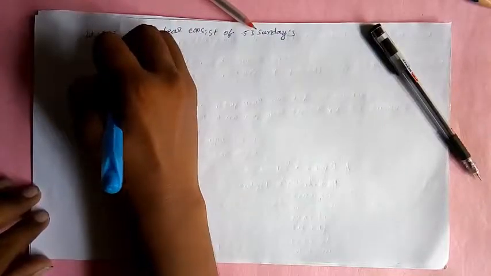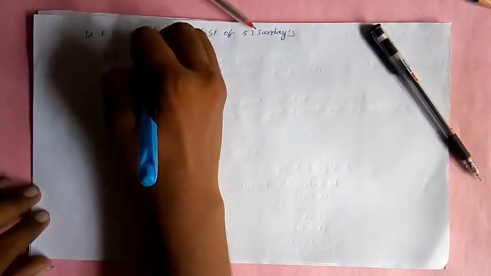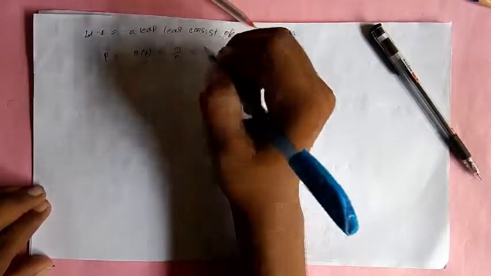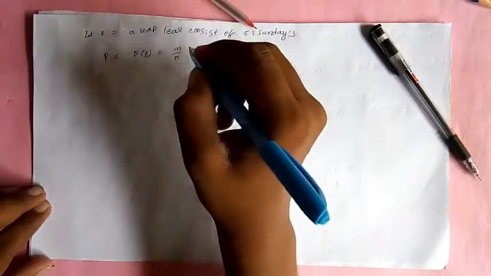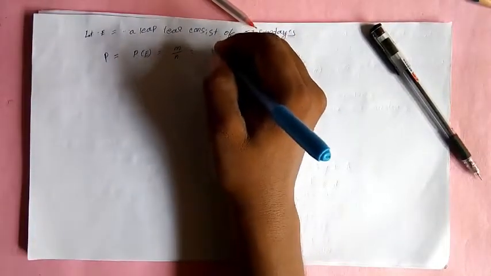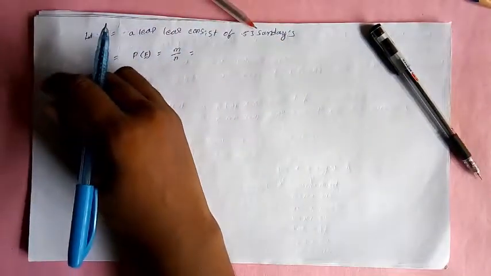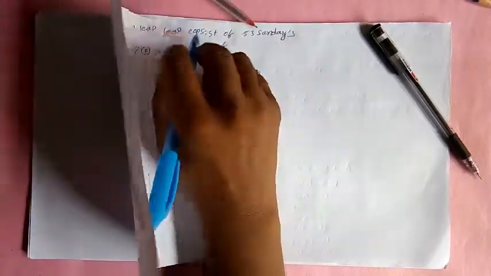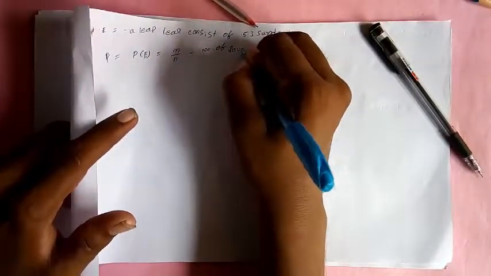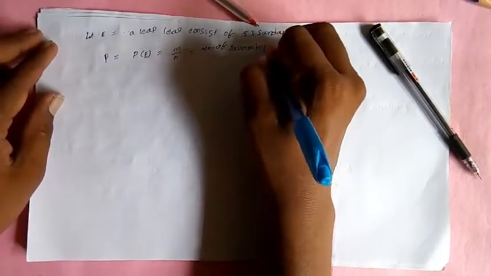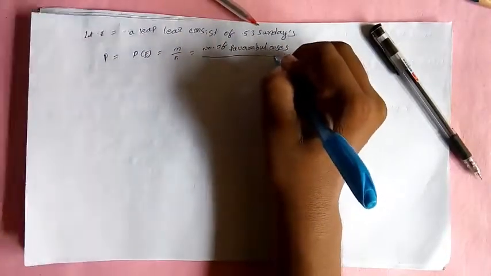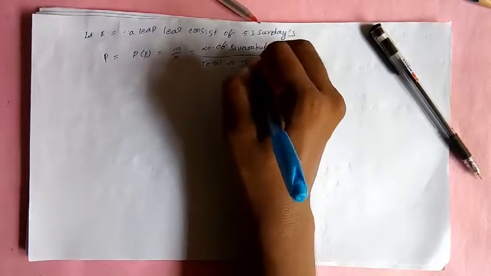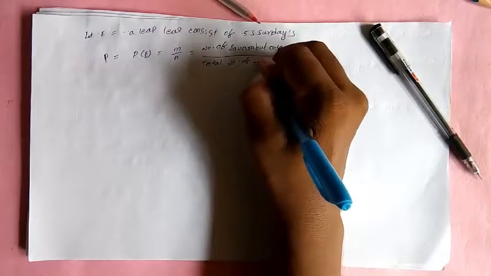So P of E is equal to M by N, where M is the number of favorable cases and N is the total number of exhaustive cases, as we discussed before.